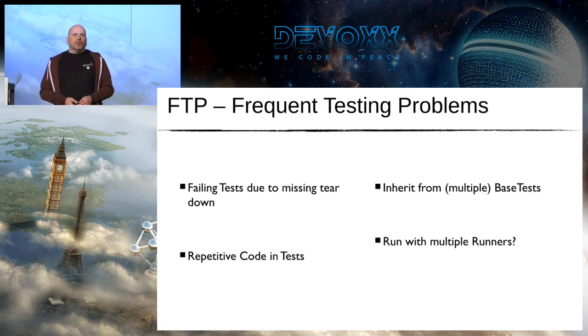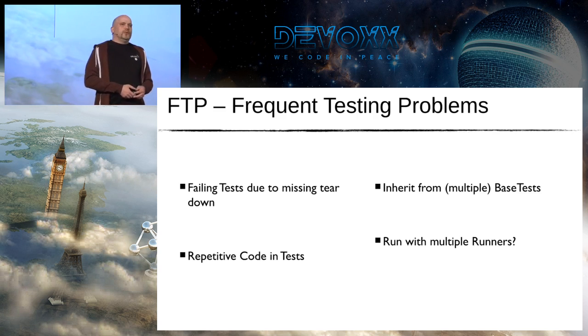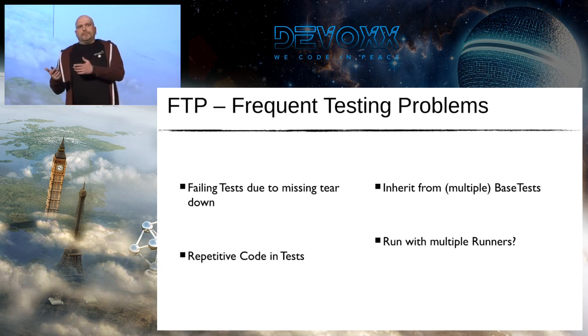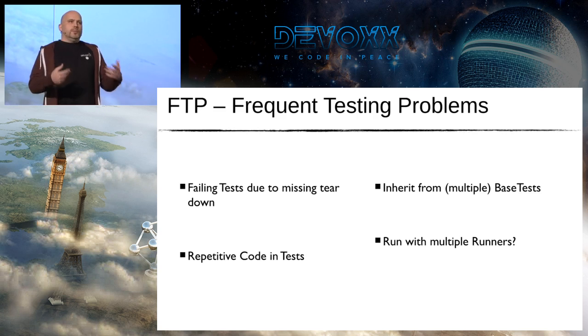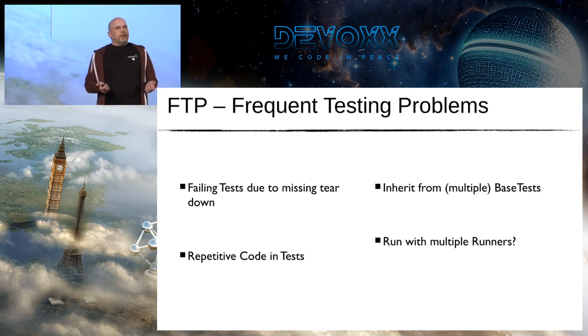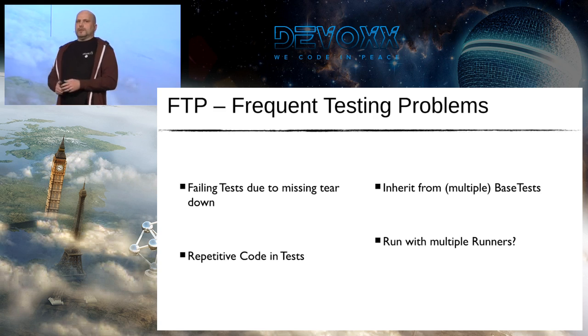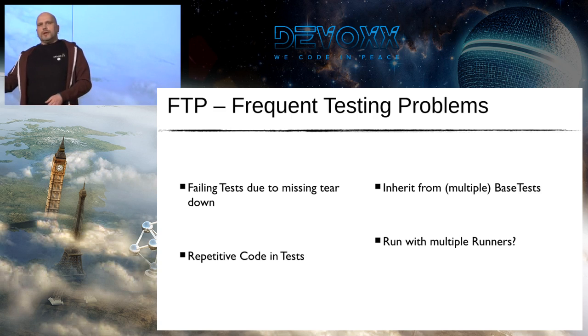Another problem that we get in tests is repetitive code. We have a setup of maybe the database, if we do a little integration test, or maybe some Spring context, or whatever, and we have to duplicate that in all the tests. The obvious solution for this is to use a base class. Woohoo! We have inheritance in our tests. Next we have a base class for our Spring tests maybe, and a base class for our database tests.